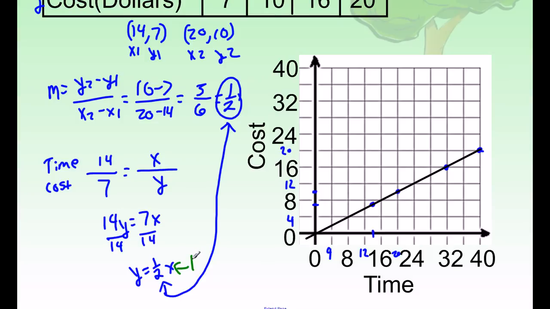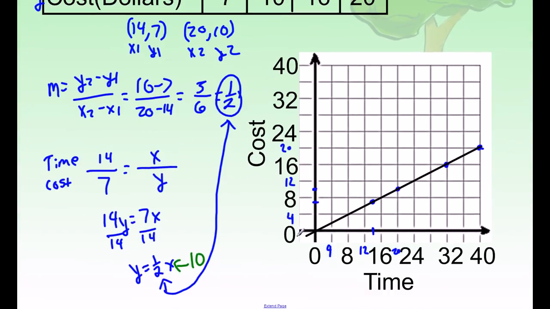If you're there for 10 minutes, 10 times a half is $5. So there is a relationship between the slope of the line and the rate of change. It's the same thing. The rate of change for a proportional relationship is the slope of this line.